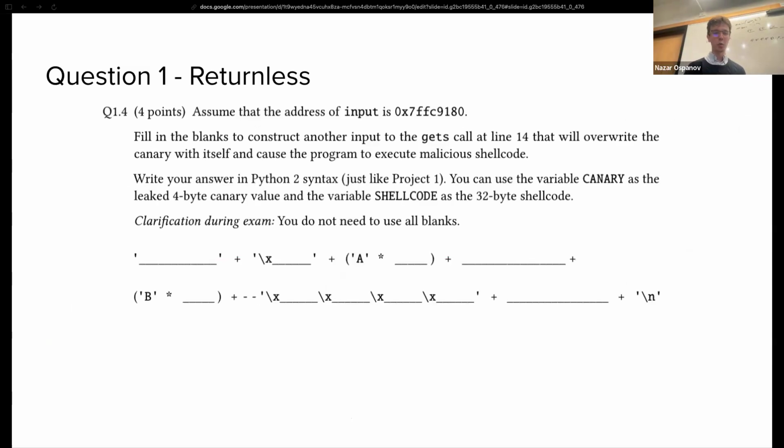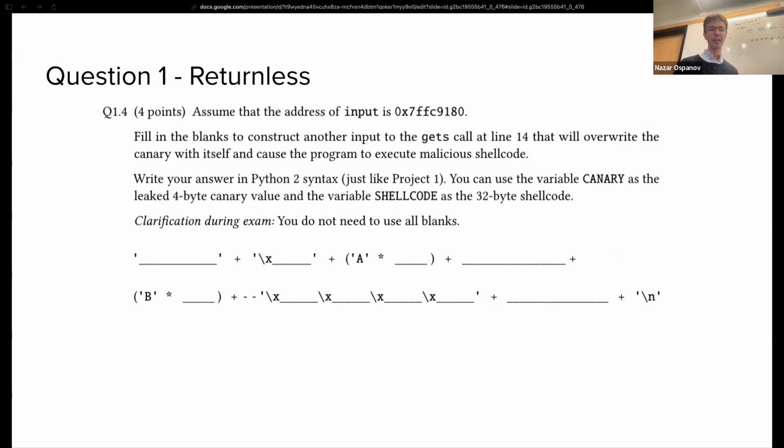Okay, so now moving on to question 1.4. Assume that the address of our input is 0x7ffc9180. Fill in the blanks to construct another input to the gets call at line 14 that will override the canary with itself and cause the program to execute the malicious shellcode.